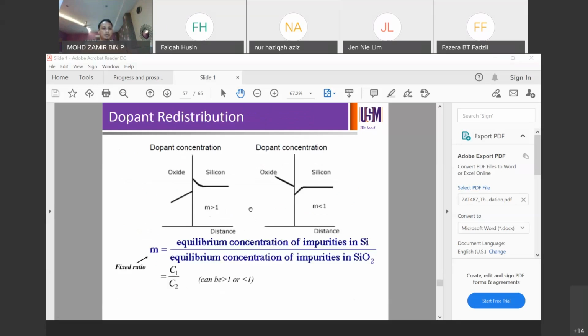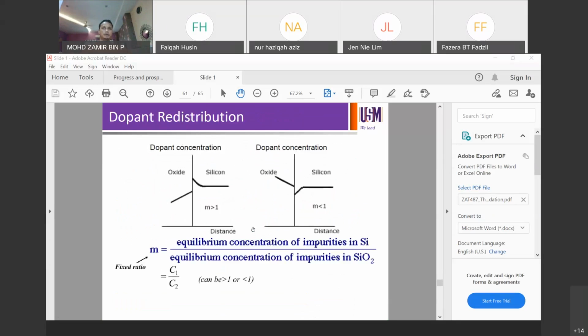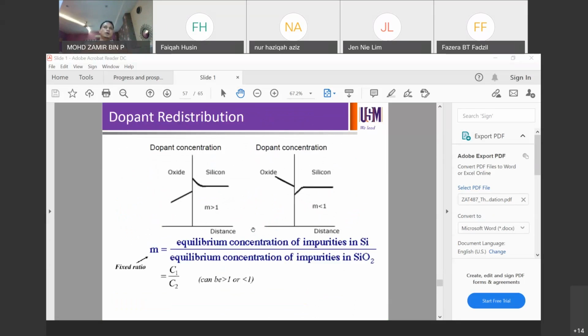So how many more pages do I have? Dopant oxidation. Yep, I think I'm just going to stop here. We're going to cover dopant redistribution tomorrow. For your information, when you do the thermal oxidation process, you're going to experience dopant redistribution during the process. Just now I showed you that in some cases we might have some dopants already on the silicon, and then we go for the next oxidation process.